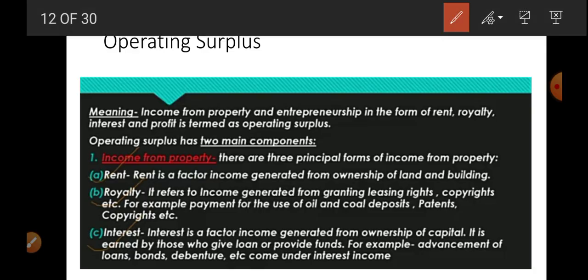Now next is operating surplus. It's very important for your 3 marks or 4 marks. Okay, what do you mean? Income from property and entrepreneurship in the form of rent, royalty, interest and profit is called operating surplus. Now, income from property includes 3 things.